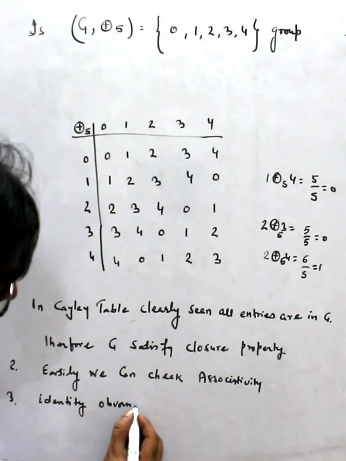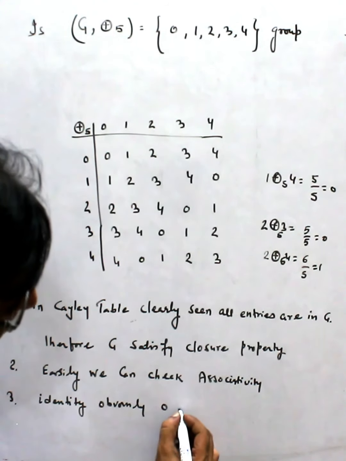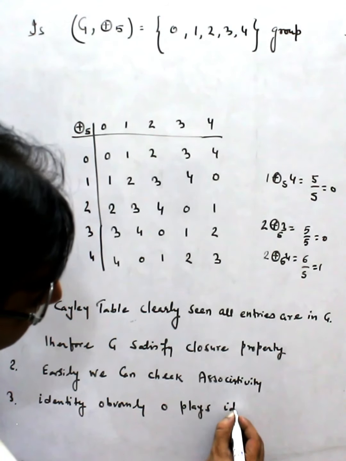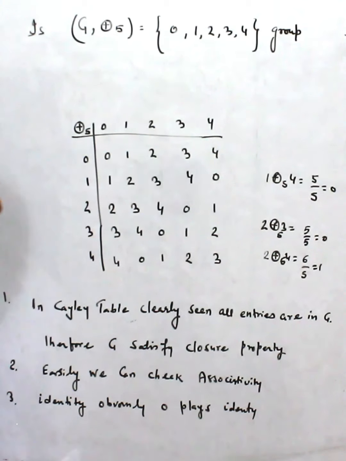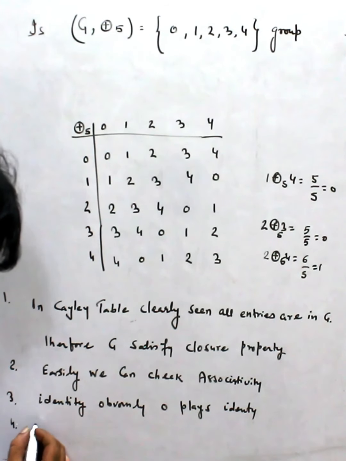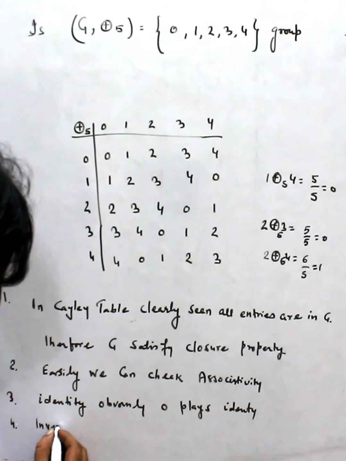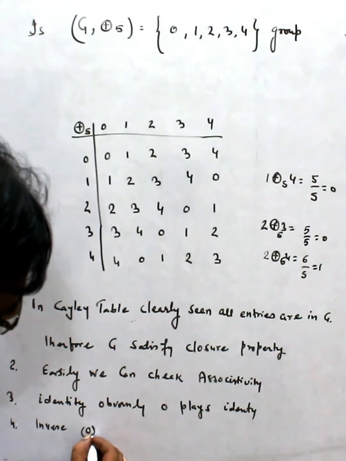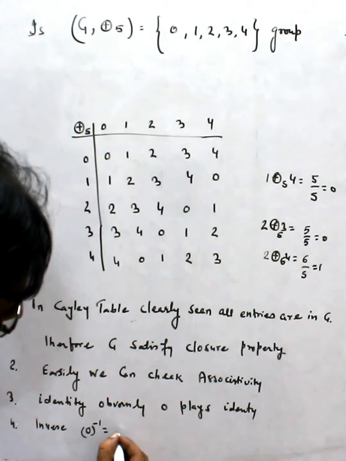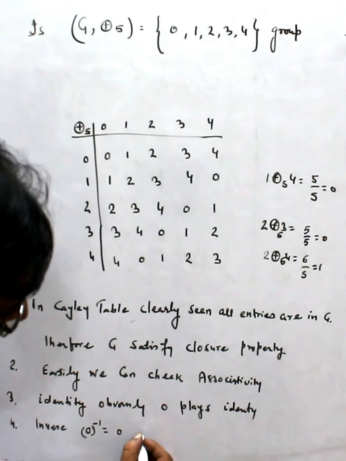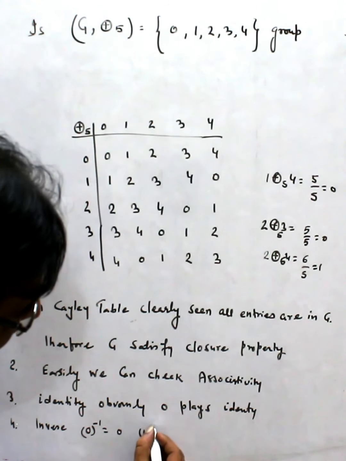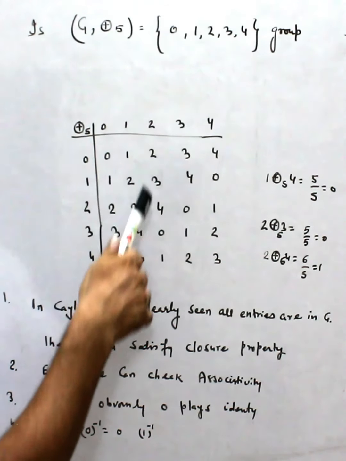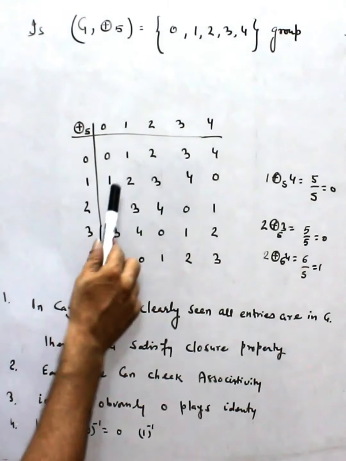Obviously 0 plays the identity. Number 4, inverse. The inverse of 0 is 0. Inverse of 1, what is the inverse of 1? When it comes 0, 4.